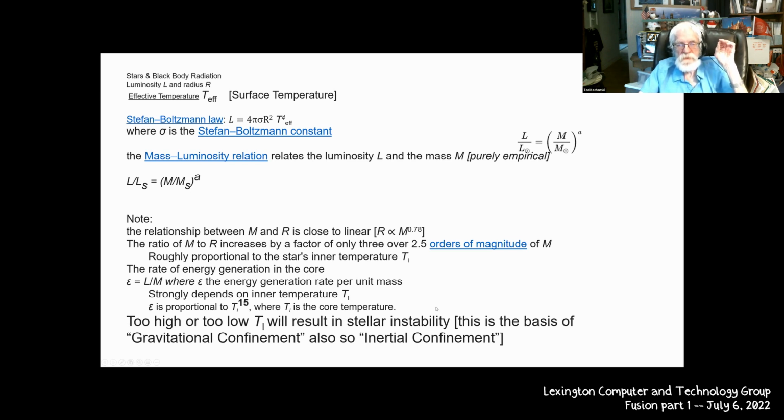This governs stellar stability because it's that balance between gravity and the pressure outward. If you have too high a temperature at the core, you'll get instability, as the star won't stay together. And if it's too low, it collapses.